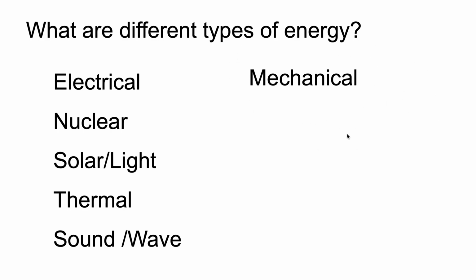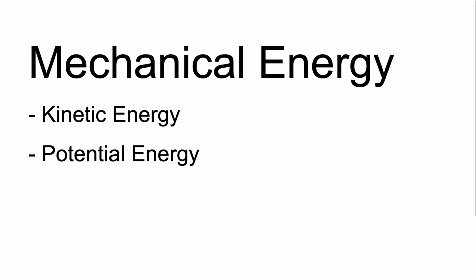That has to do with mechanical energy. Now, sound waves and thermal are also subtypes of mechanical energy, but we're going to stick to macro objects, large objects for this. Specifically, the two subtypes of mechanical energy that we're going to be talking about are kinetic and potential.